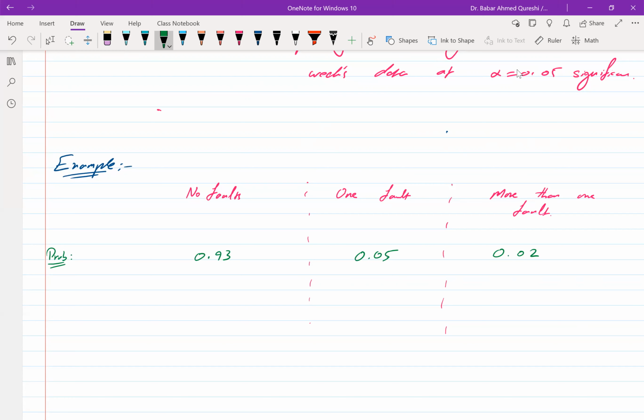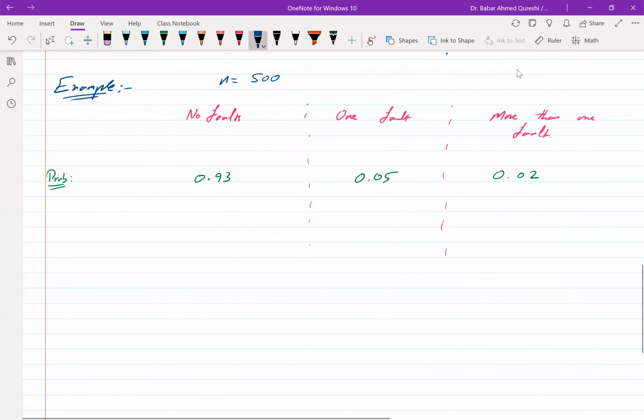So you take from the current production run a sample of 500 components and you simply count how many of them have a fault and how many of them have more than one fault.